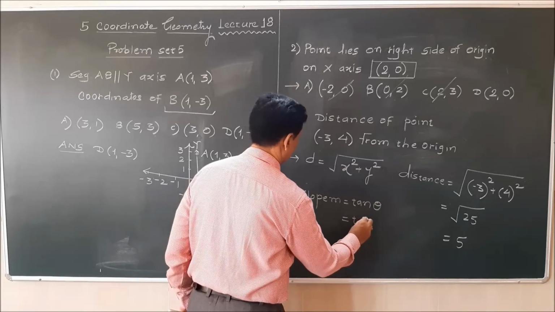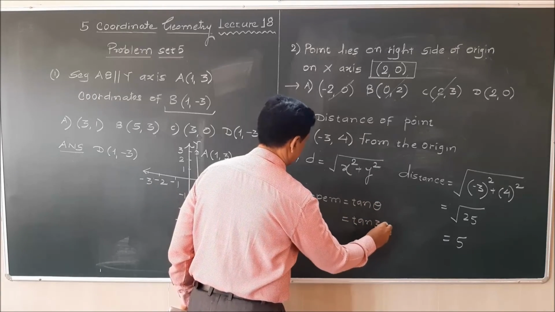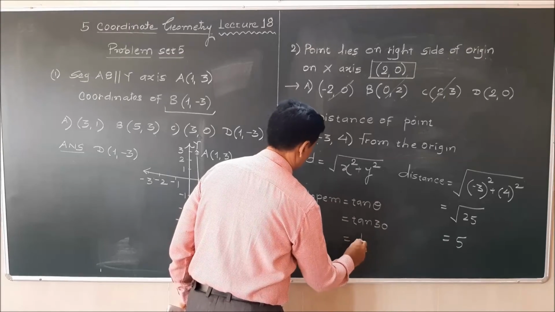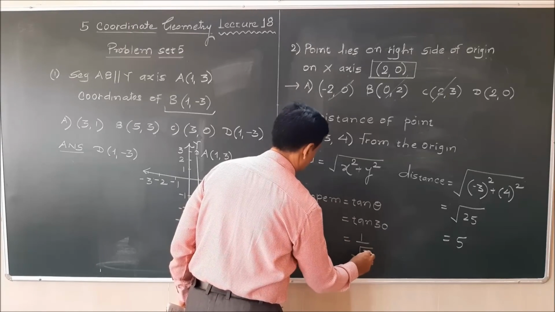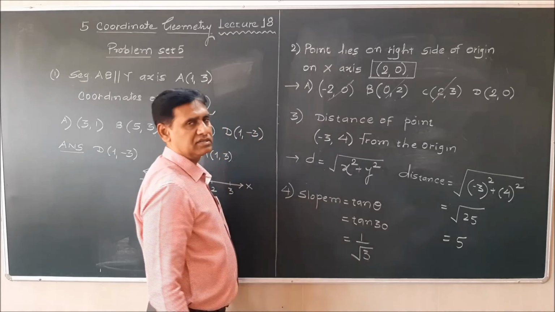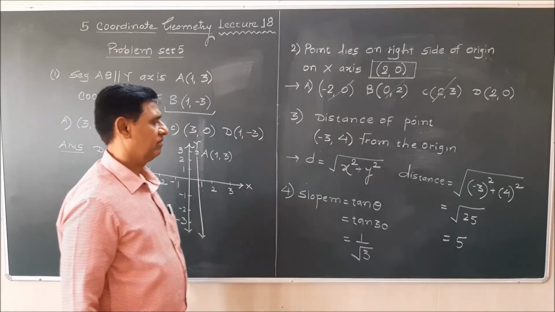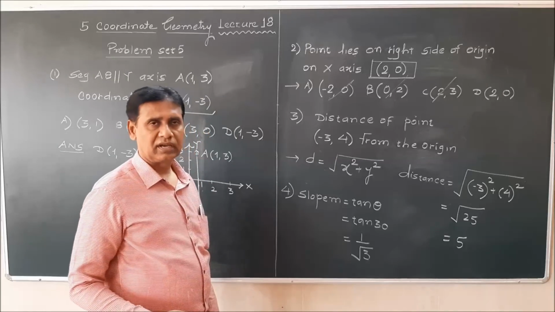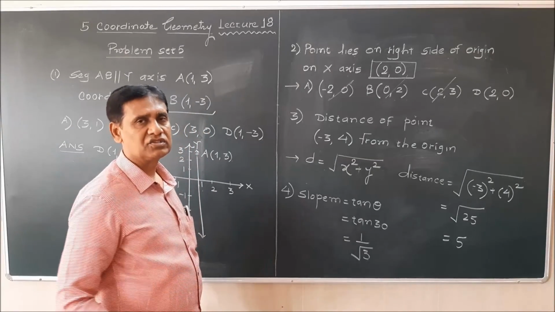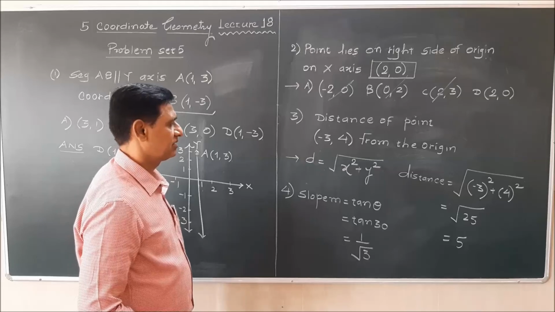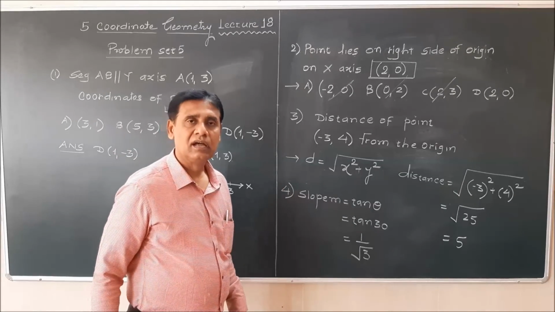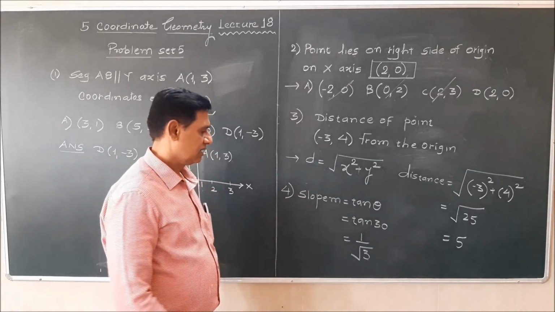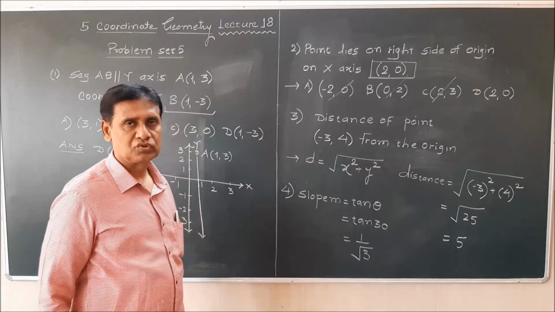So tan 30 is equal to 1 upon root 3. So our answer is: the slope of any line making an acute angle with the positive direction of the x-axis is equal to tan theta, and the value of tan 30 is 1 upon root 3.